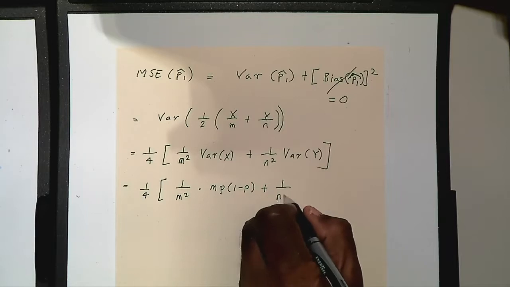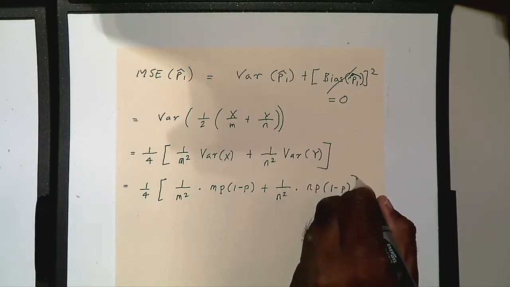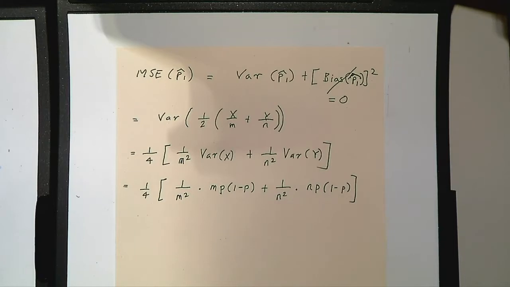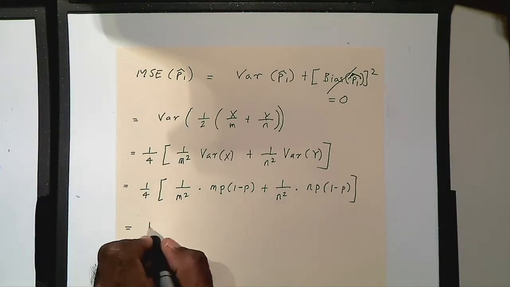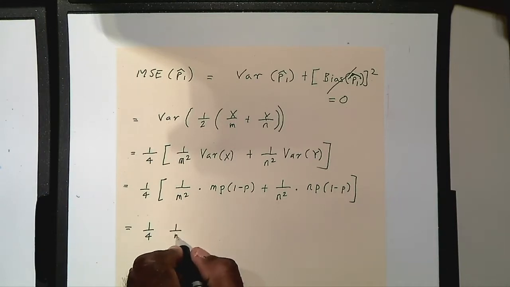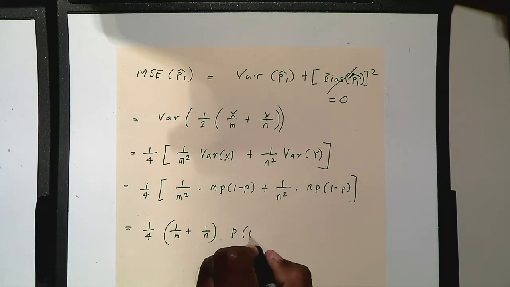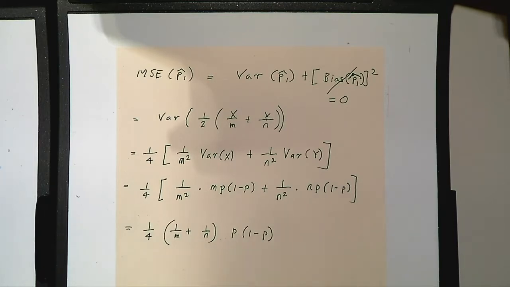This is 1 over n squared times n times p times 1 minus p. You guys with me? Okay. So if you simplify this, then you get quarter times 1 over m plus 1 over n times p times 1 minus p. So this is the variance, sorry, the MSE for the first estimator.